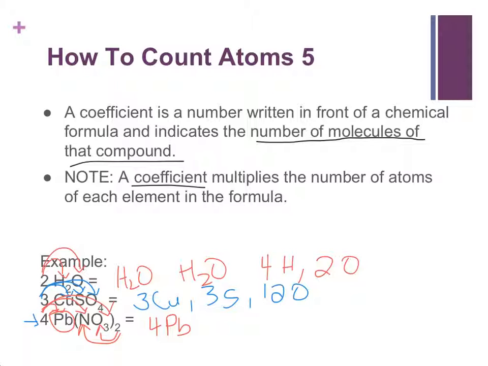For nitrogen, there's 1 inside the bracket, multiplied by 2 gives us 2, and then multiplied by 4 gives us 8 nitrogen total. And finally, oxygen, there are 3 inside the bracket, multiplied by 2 gives us 6, and then multiplied by 4 gives us 24 oxygens total.